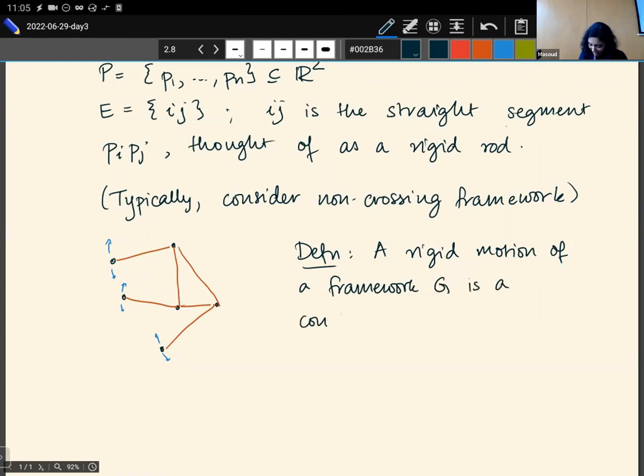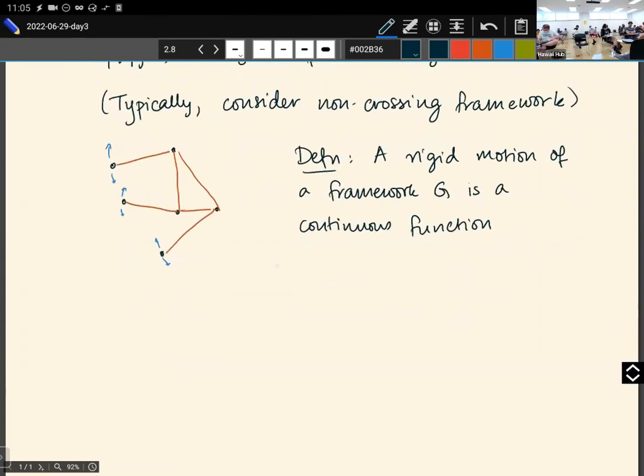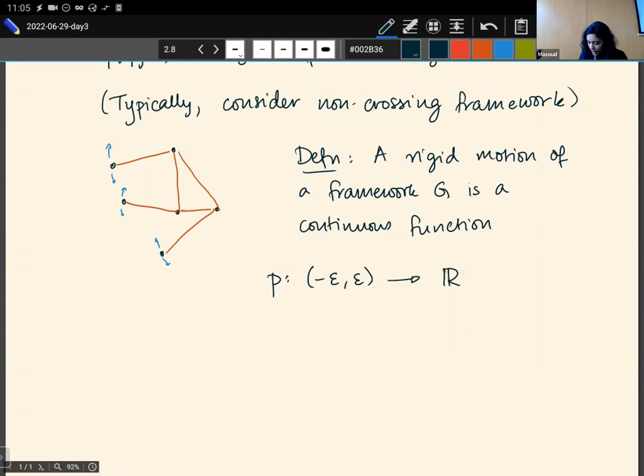I want a function that wiggles my points, maybe in some epsilon neighborhood. At time 0, I want my function to output the positions of the points in my framework. And at other times, it's wiggling the framework as long as it doesn't change the length.